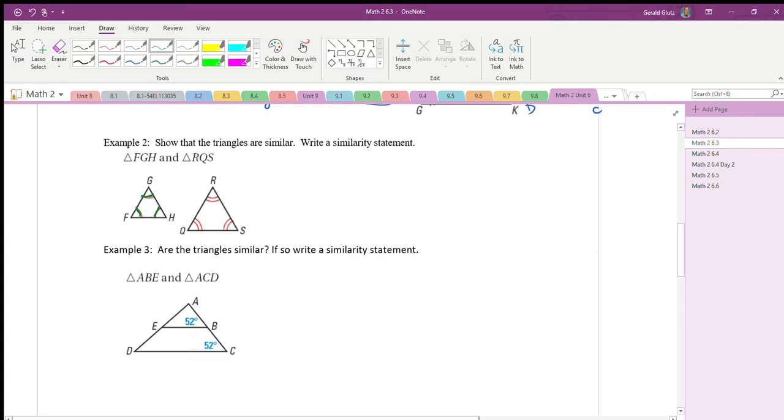If I look over here at RQS, notice all three of these angles are the same. So again, if all angles are the same, then it's an equilateral triangle. An equilateral triangle always has 60-degree angles for all three of its angles.